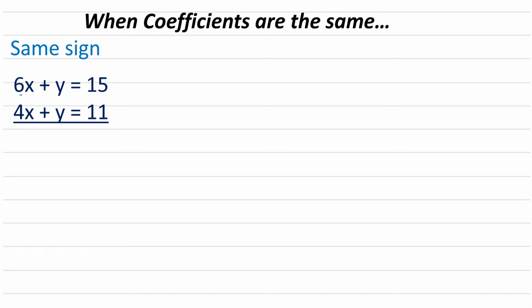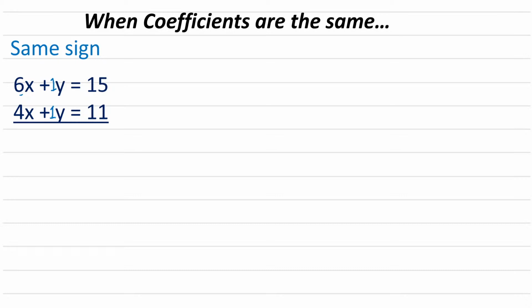So here the coefficient of x is 6. Here the coefficient of y is 1. Okay. Here the coefficient of x is 4. And here the coefficient of y is 1. So we don't write it normally. We don't write it there.